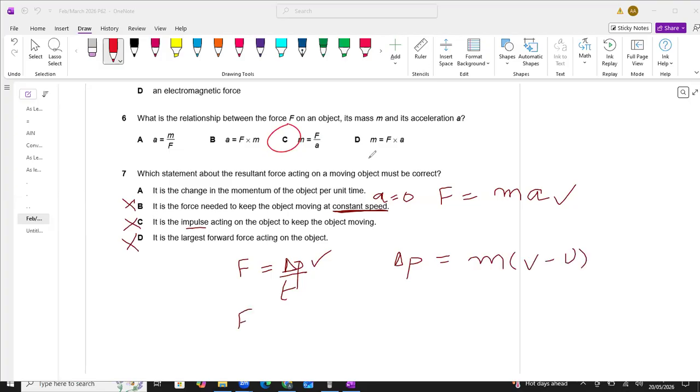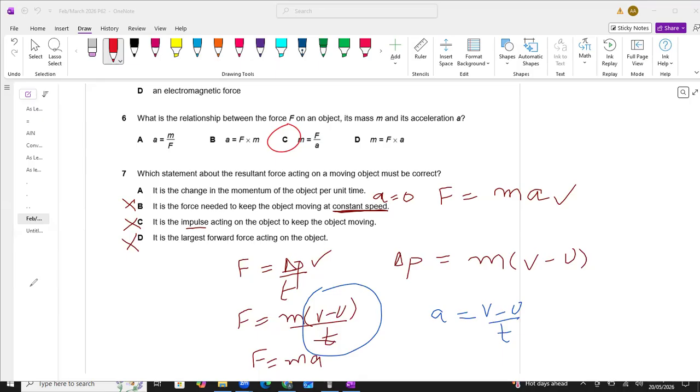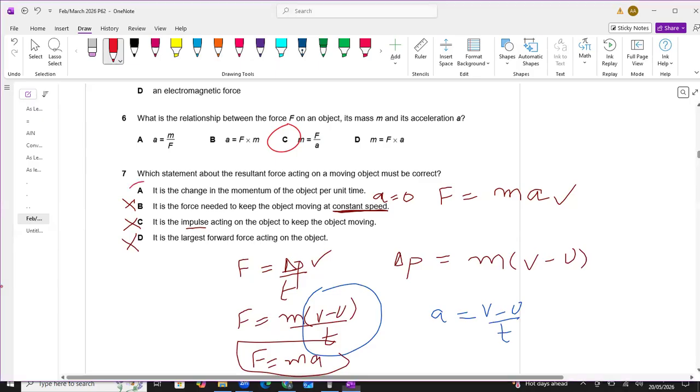So when I put it here, m(v minus u) upon t, and we know that (v minus u) upon t is the formula of acceleration. So instead of this, I can put the acceleration here. So now we are getting the formula F is equal to ma. So yes, option A is the correct answer. So force is equal to the rate of change of momentum, or change in momentum of the object per unit time.